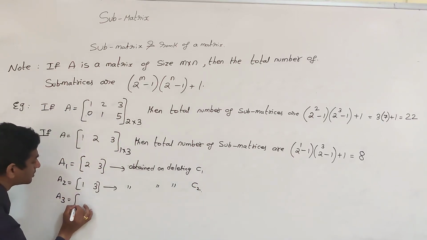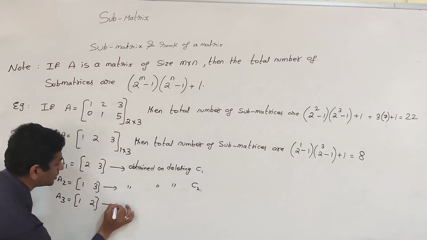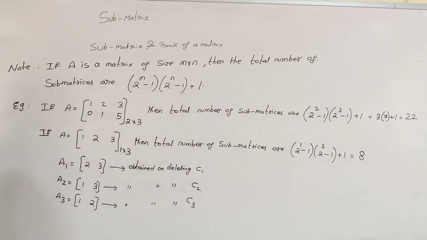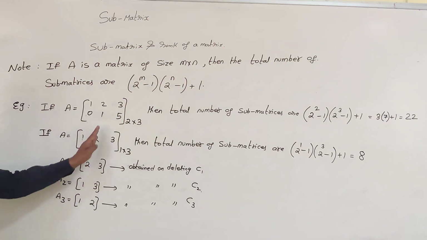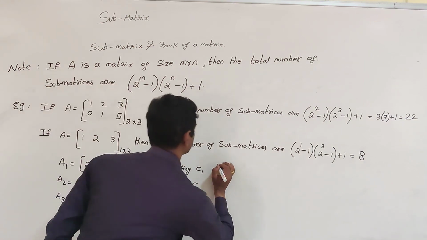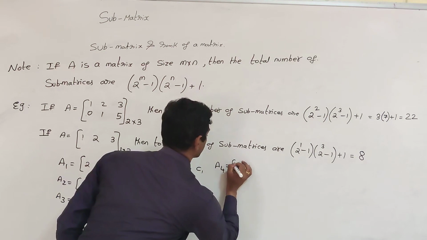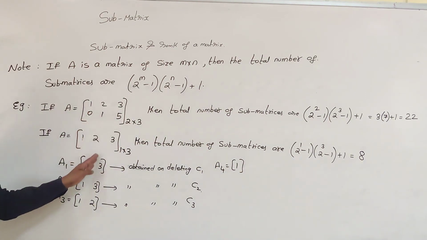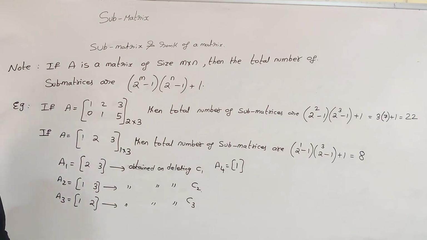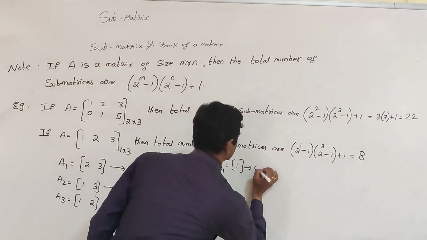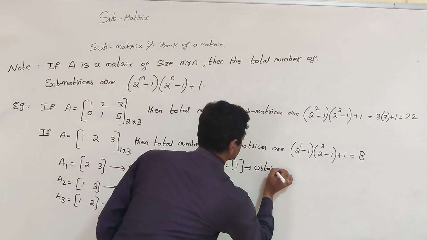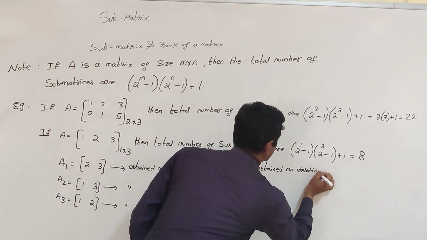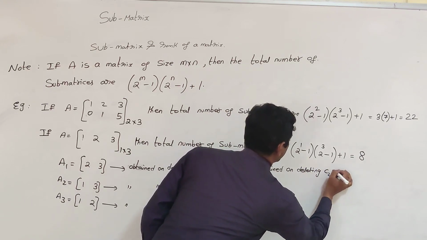A3, 1 2 obtained on deleting C3. Next, both column 1 and column 2: 1, singleton 1 after deleting column 2 and column 3.